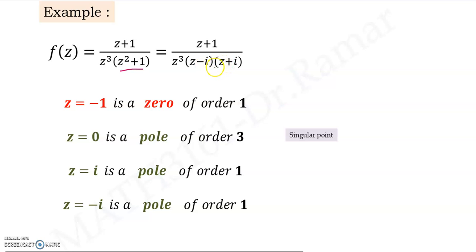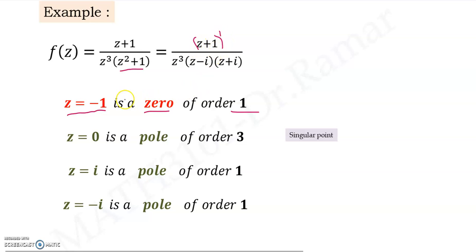Now, the root of the numerator is z equal to minus 1, so z equal to minus 1 is called a zero of the given function f of z. Here it is a zero of order 1, because the degree is 1.